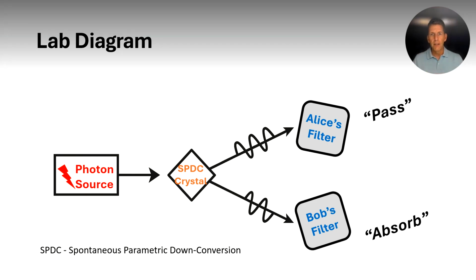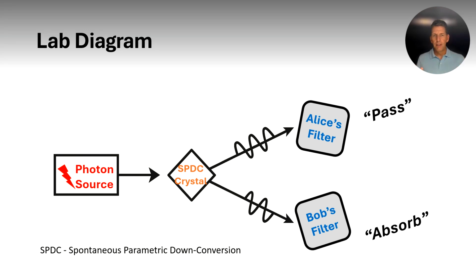Light creates photons, or light is photons. And those photons go through a crystal called an SPDC crystal, which stands for spontaneous parametric down conversion. I'm just going to call it crystal from this point forward. That's too long of a name.